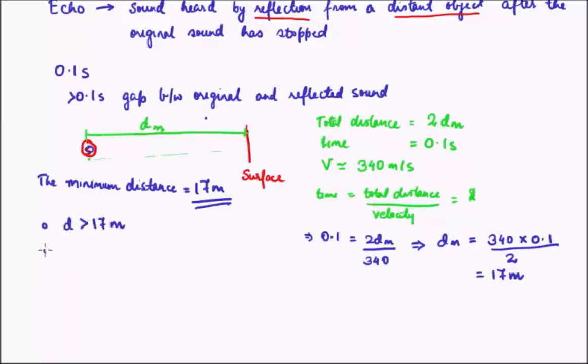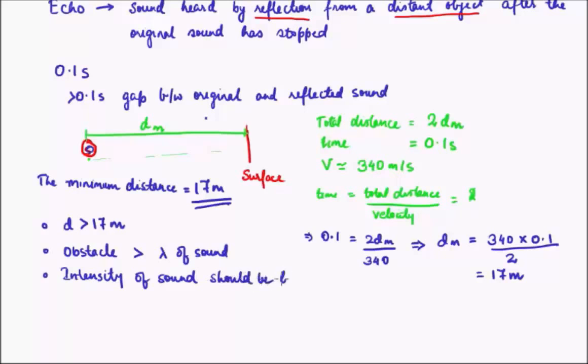Second condition is that the obstacle should be larger than the wavelength of sound. And third is that the intensity of sound should be high enough.